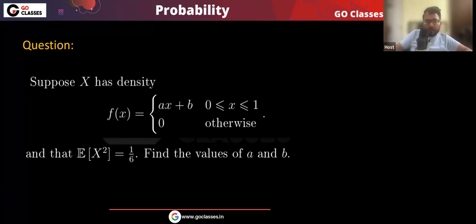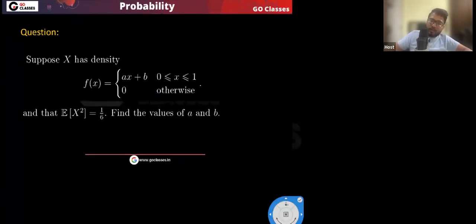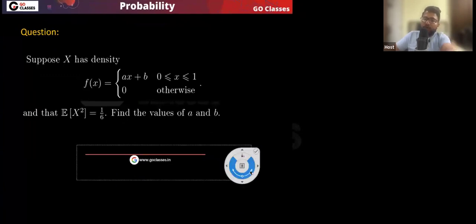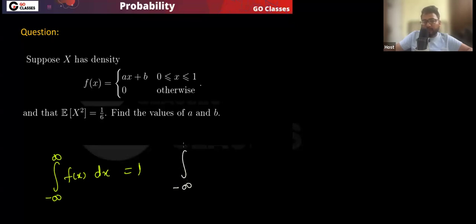See, one equation that you can make is something like this. You can say that the integration over minus infinity to infinity of f(x) dx must be 1, isn't it? Which means the integration over minus infinity to infinity of ax plus b dx must be 1 because of a valid PDF.